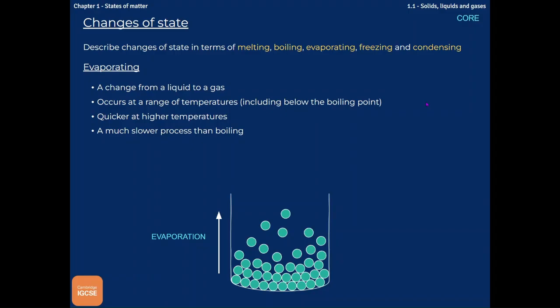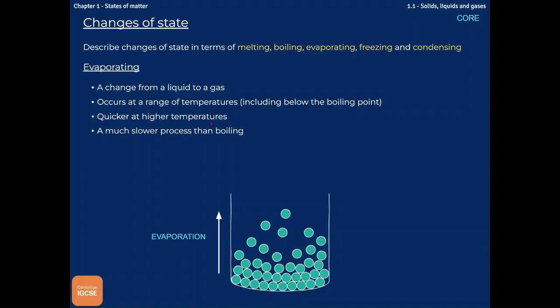Evaporation. This one's a little bit weird compared to the other one. It is a change from a liquid to a gas, but it can occur at a range of temperatures, including below the boiling point. So this can happen even when we're below 100 degrees Celsius for water, right? It does happen quicker at higher temperatures. Why do you think that is? Think about our diagram.